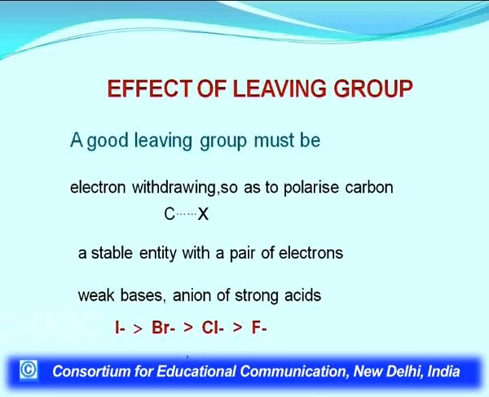So, for halide ions, the order as a leaving group is the same as it was for the attacking group. Iodide ion is a better nucleophile as well as a better leaving group. That is why iodide ion is sometimes used as a catalyst in certain nucleophilic substitution reactions.